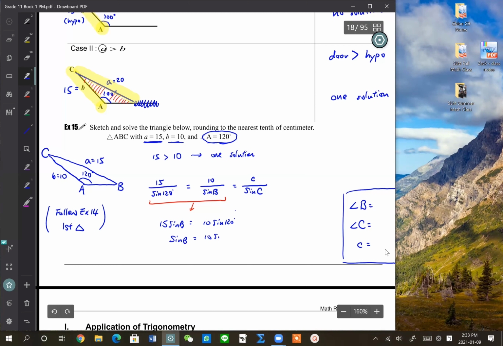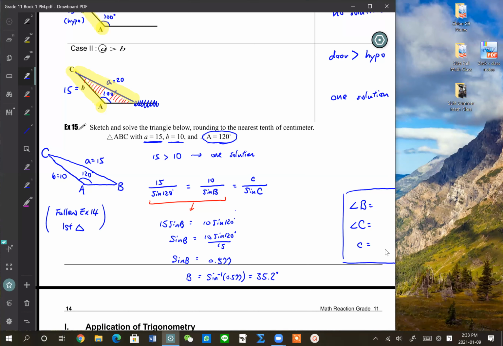So 10 sine 120 over 15, which is 0.577. And then you do sine inverse. 0.577, and you get 35.2. Okay.